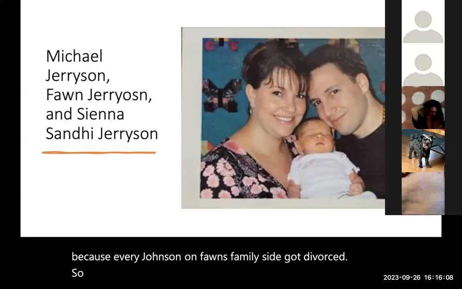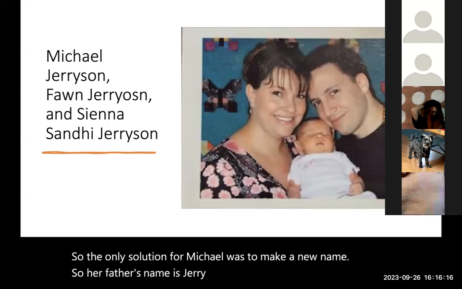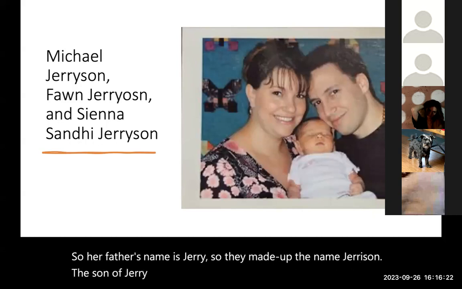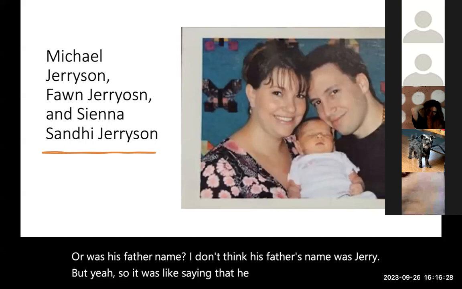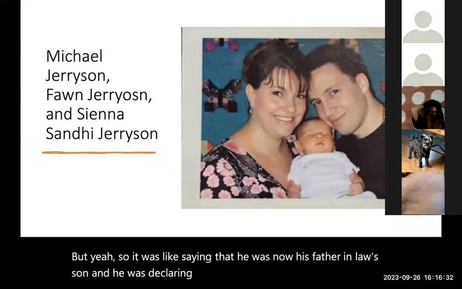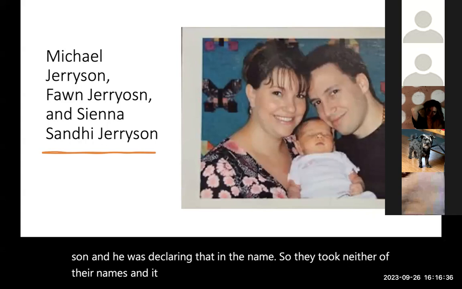So the only solution for Michael was to make a new name. So her father's name is Jerry. So they made up the name Jerryson, the son of Jerry. Or was his father's name? I don't think his father's name was Jerry. But yeah, it was like saying that he was now his father-in-law's son, and he was declaring that in the name. So they took neither of their names, and it strikes me that in a way that's a sandhi too.